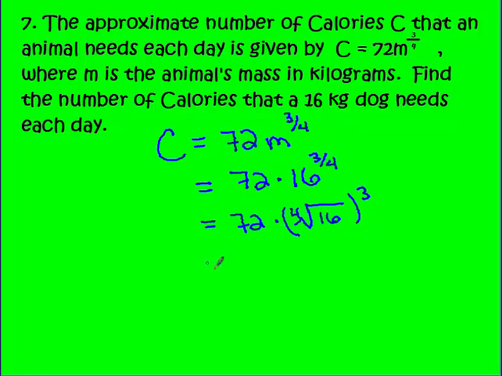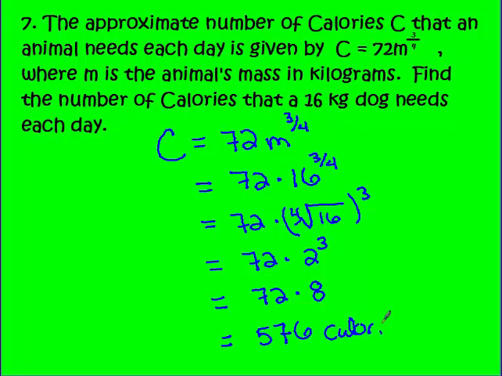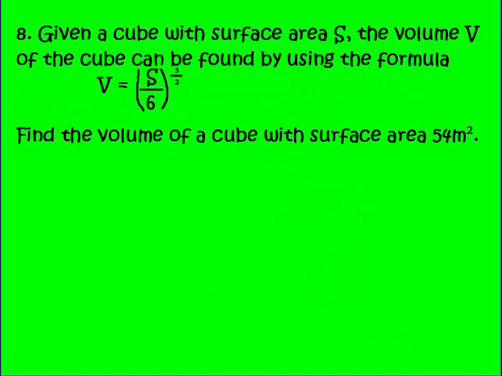The 4th root of 16 is 2, cubed. So it's going to be 72 times 8. That gives you 576 calories. You can try number 8.